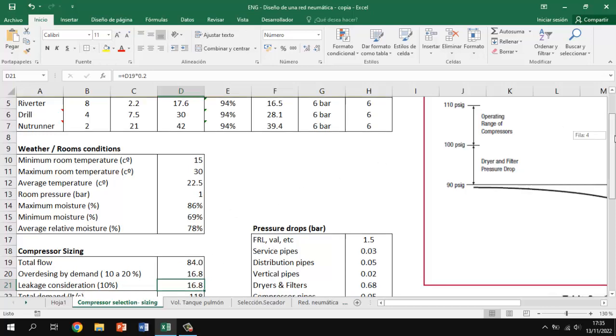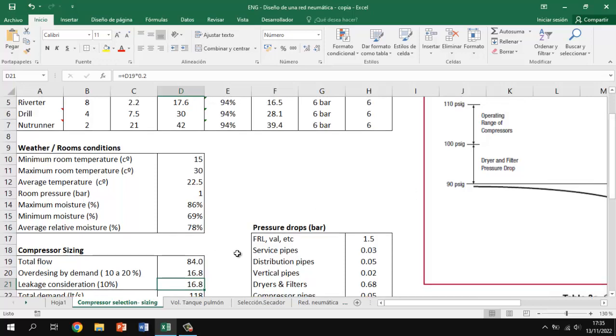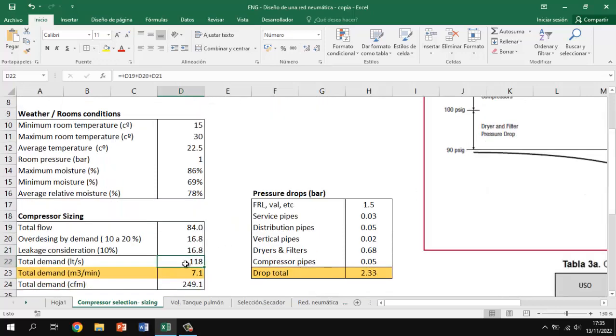So then you add that, and you should have a new total demand. So then you add these three, and then you have 180 liters per second. Or you can convert this to cubic meters per minute, or cubic feet per minute, well, 249 or 250.